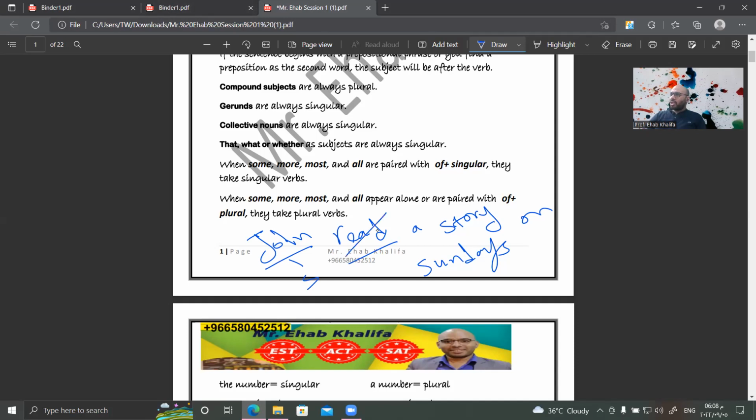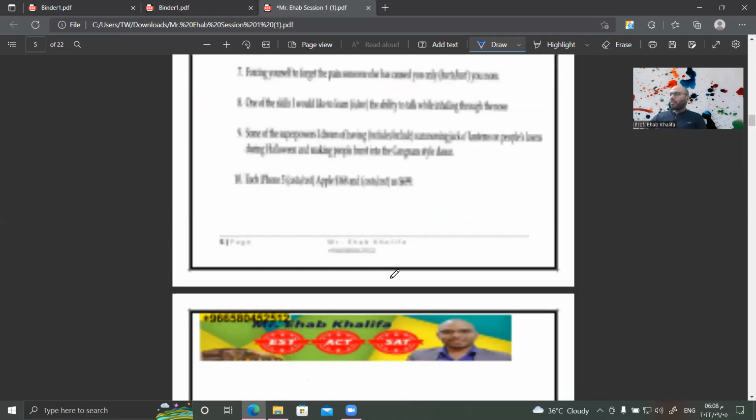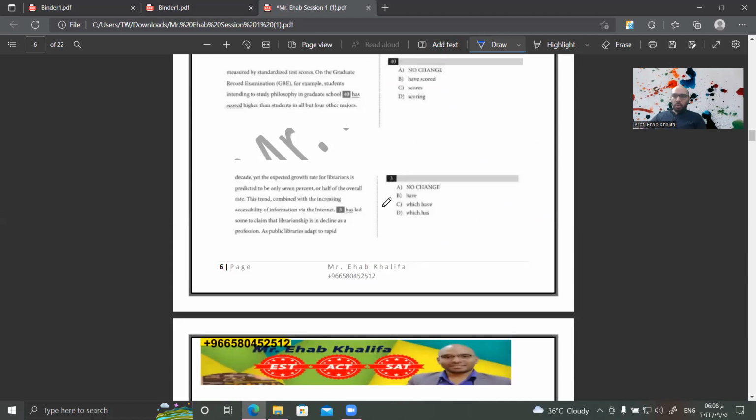Do we have such type of questions on SAT? Yes, but it is not that easy, of course. When it comes to SAT, we have such questions like what you see now. You do not expect the easiness of "he play" or "he plays." No, we don't have that.